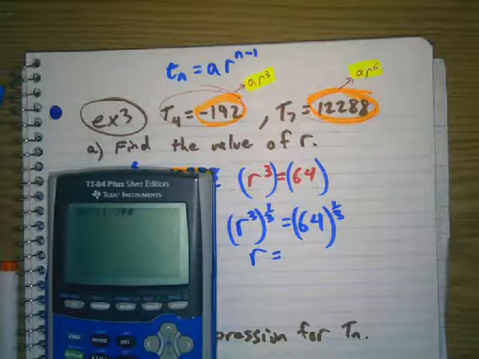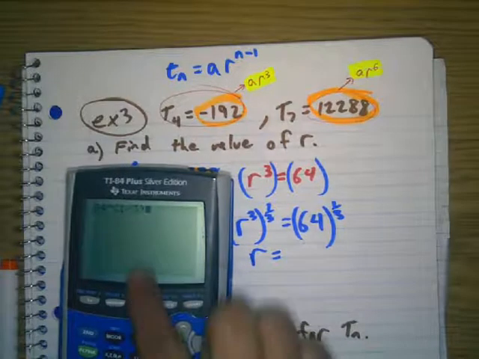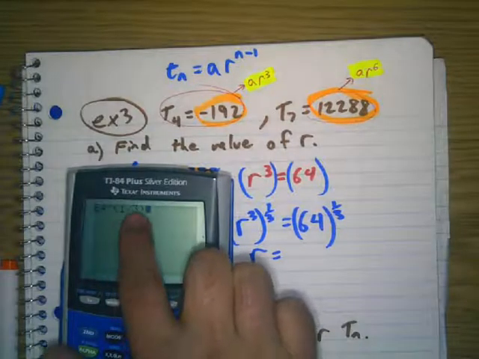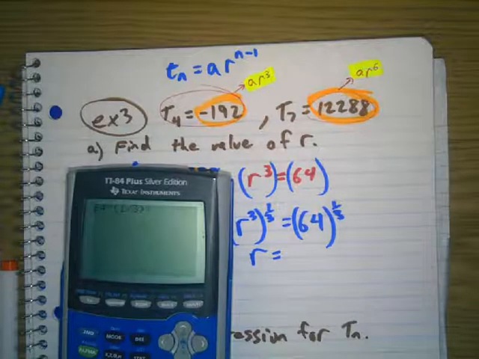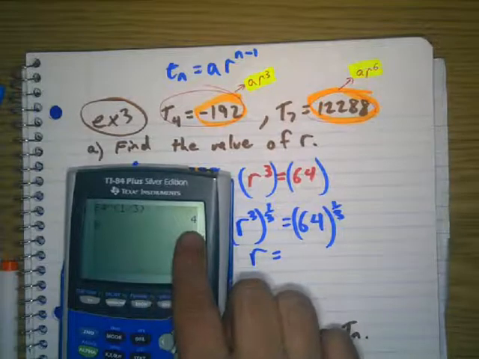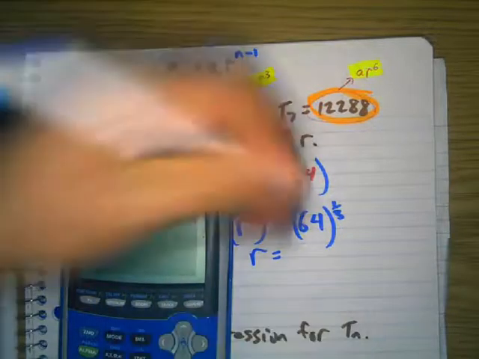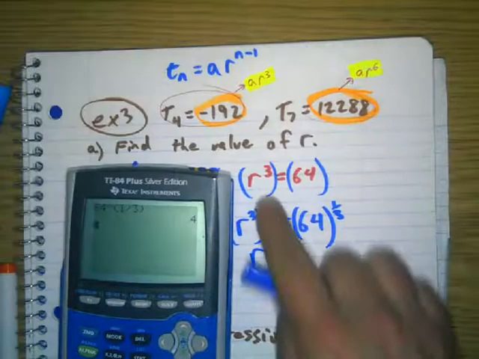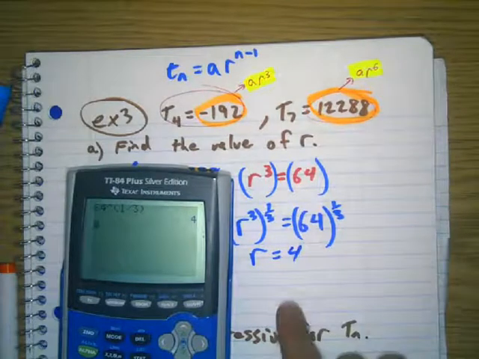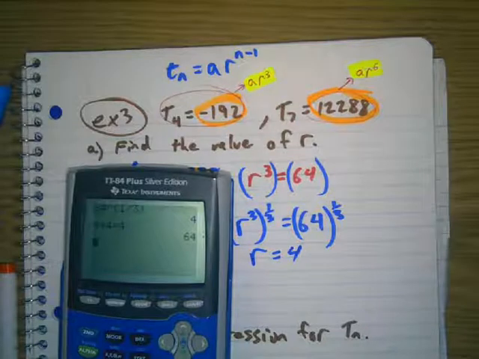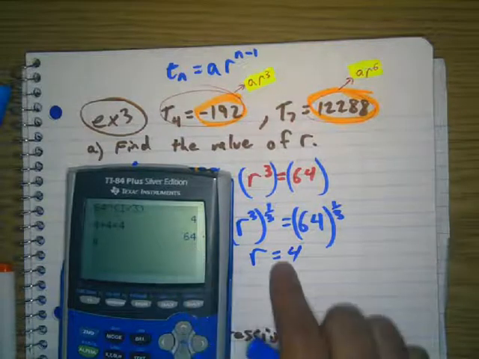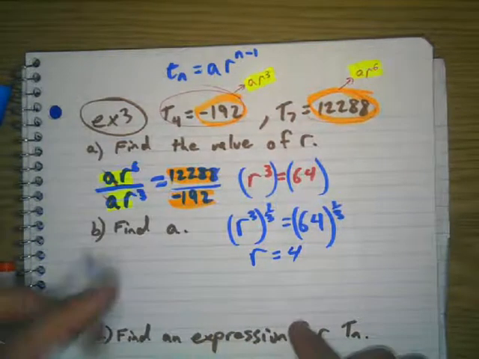Notice that I have to put the 1/3 in parentheses, otherwise it's going to make an order of operation error. And that's going to give me 4. Now let's see if that makes sense. Is 4 cubed 64? 4 times 4 times 4 is 64.